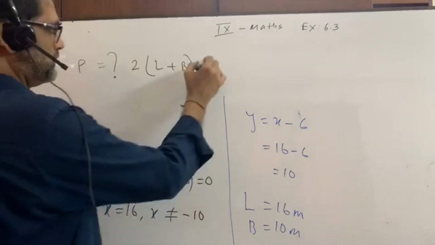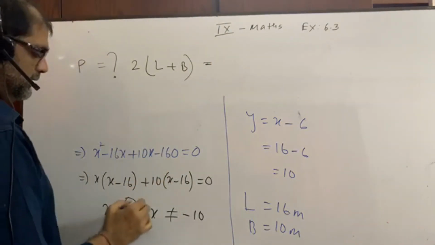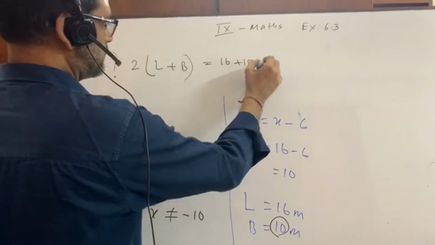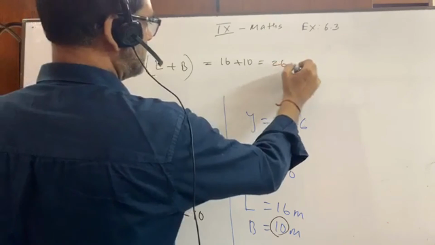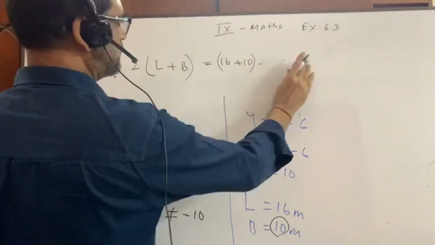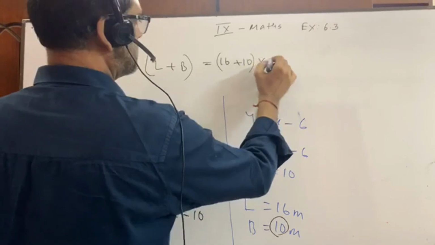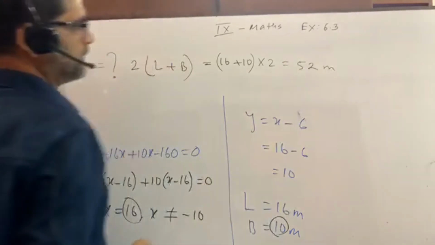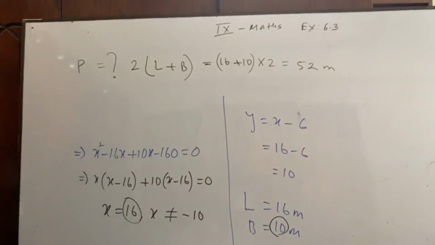It is 16 plus 10 equals 26 meter, and into 2, that is 52 meter.